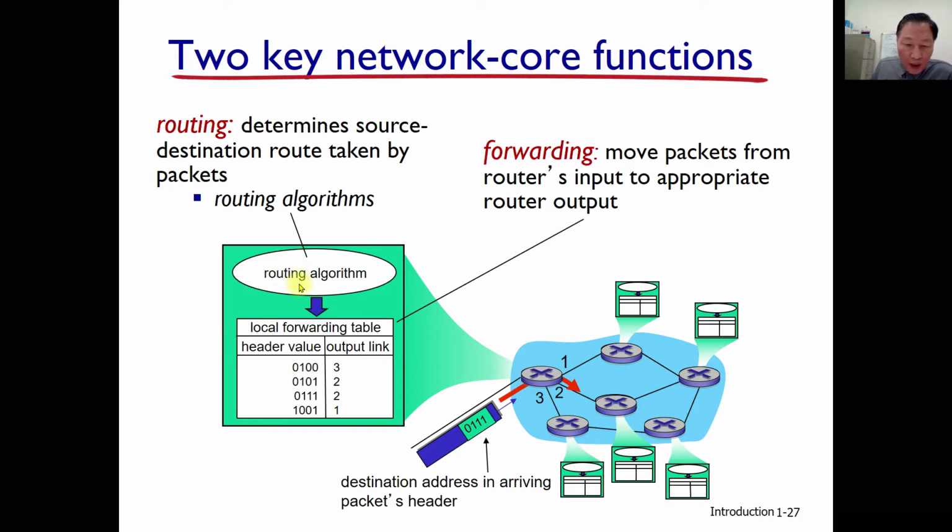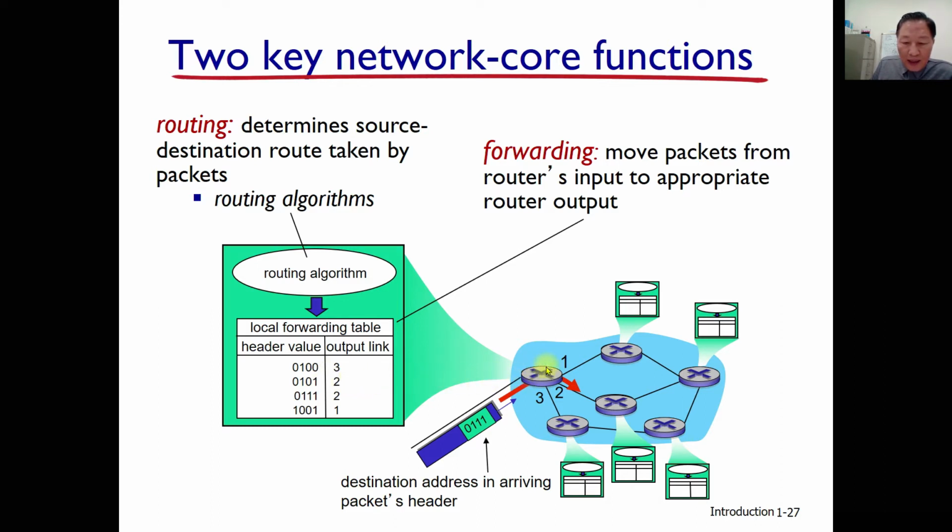Depending upon that routing algorithm and the IP address of the final destination, the output link will be decided. And the routing algorithm is doing that for better transmission through that router.